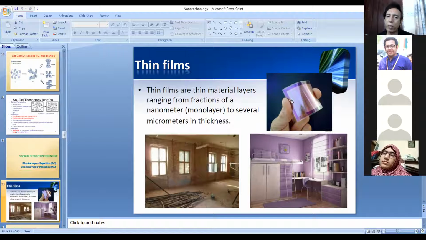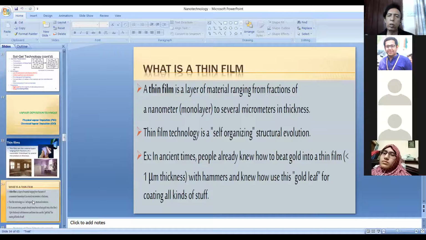Because it is very thin, it is known as thin film. So what is a thin film? A thin film is a layer of material ranging from fractions of a nanometer to several micrometers in thickness.